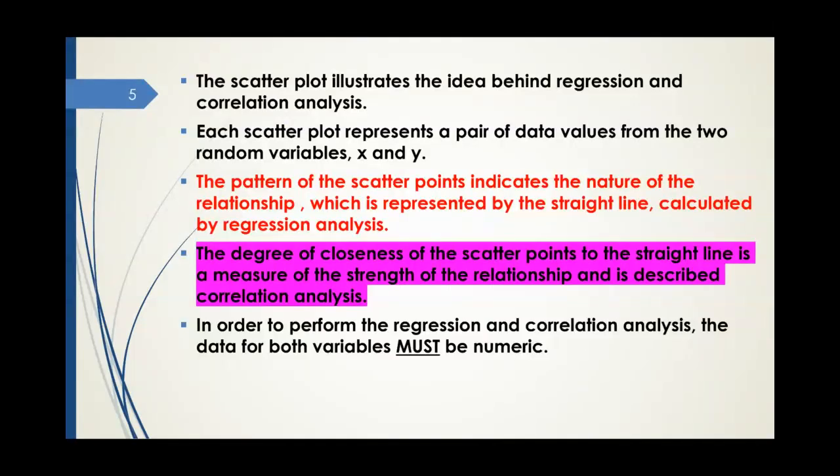The pattern of the scatter points indicates the nature of the relationship, which is represented by the straight line calculated by regression analysis, okay? Remember, I just showed you now how to make the line. Then the degree of closeness of the scattered points to the straight line is the measure of the strength of the relationship and is described as correlation analysis.